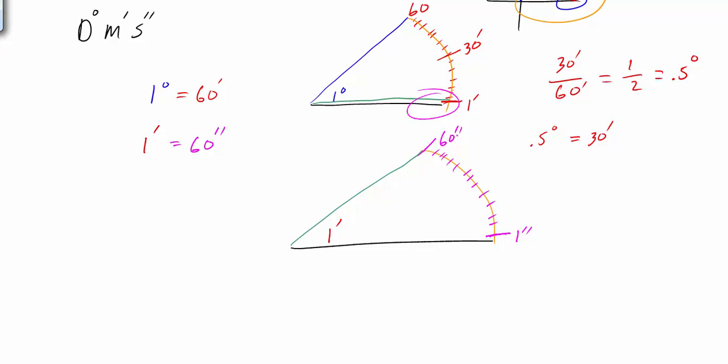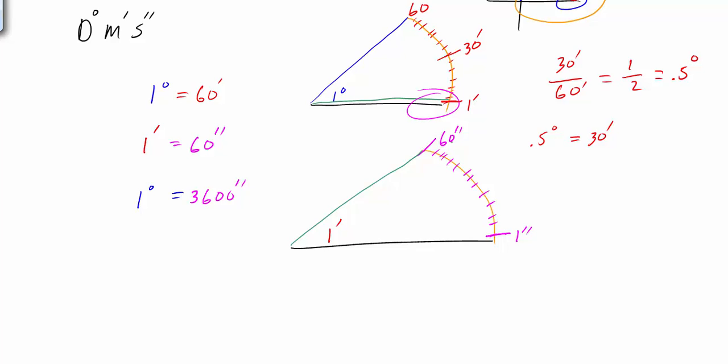Essentially, we've broken our degree down into 60 equal parts, then broken that down into another 60 equal parts. So we can state that 1 degree is equal to 3,600 seconds.